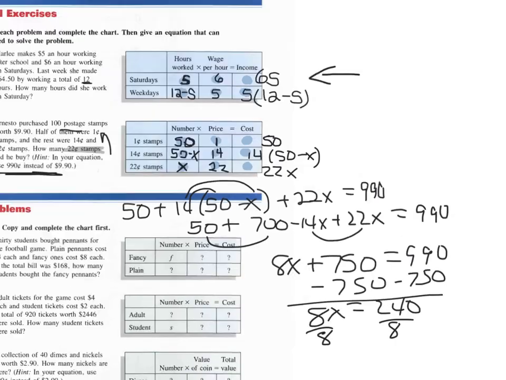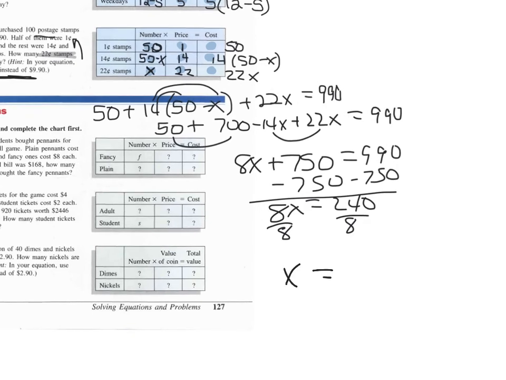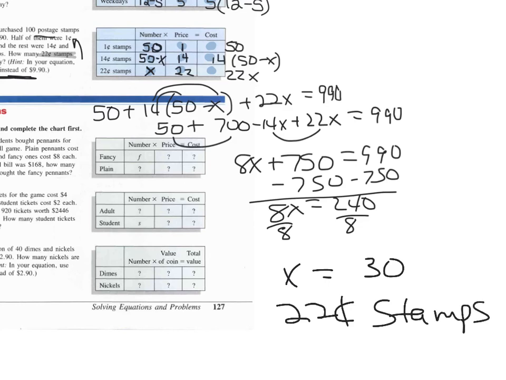Divide by 8. And x equals 30. So there will be 22 cent stamps. Because remember, x represented the number of 22 cent stamps. And that's what it asked for.